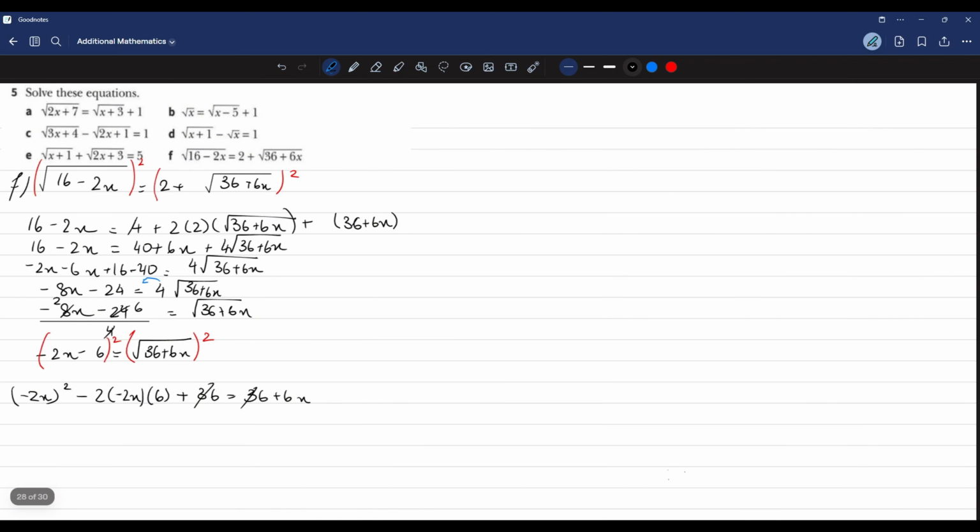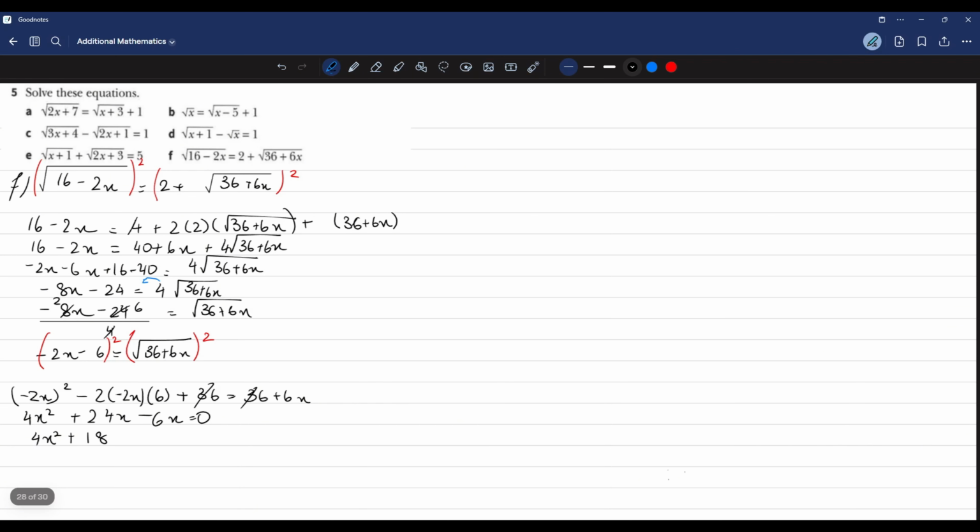We have got 4x squared plus, because 2 multiplied by 2 is 4x, 4x multiplied by 6 is equal to 24, so positive 24x minus 6x is equal to 0. I would take that 4x squared plus 24 minus 6, which would be equal to 18.